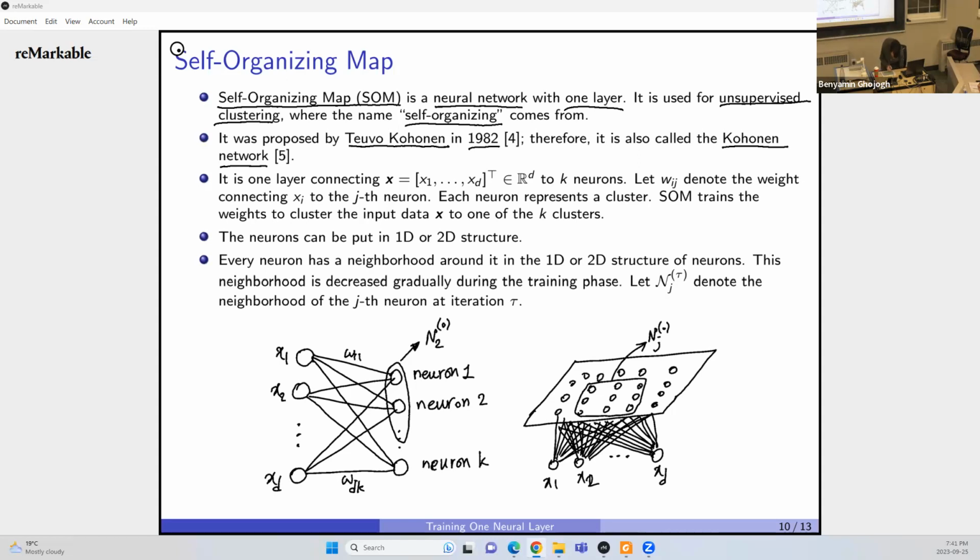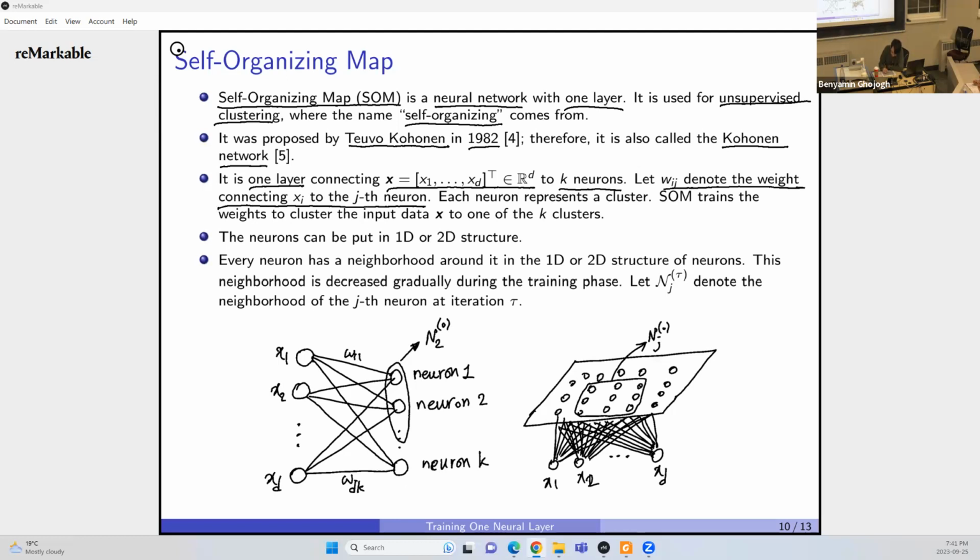It is one layer connecting the d-dimensional data to k neurons. So something like this figure, the left-hand side. I'm connecting a d-dimensional vector to k neurons with some weights, where wij denotes the weight connecting xi to the jth neuron.